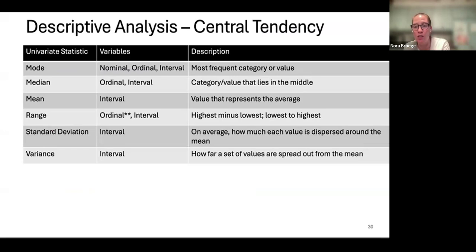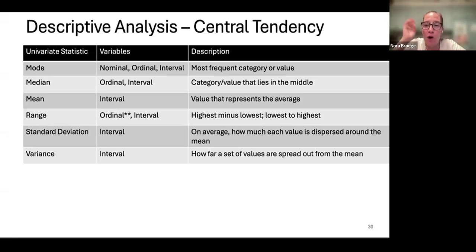The mode, which is not often referred to as a mode when you do stats for social science and education research, is usually simply referred to as a frequency. It tells you the most frequent category or value. If you ask 100 people which ice cream flavor they like and 73 say chocolate, then 73% is the mode: chocolate is the mode.